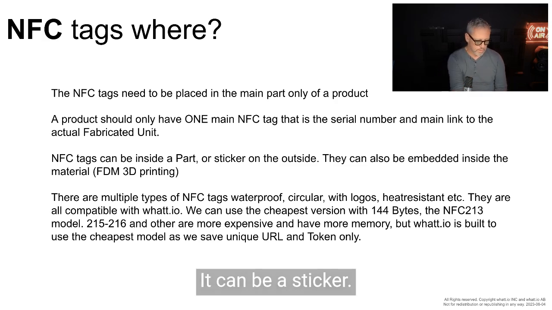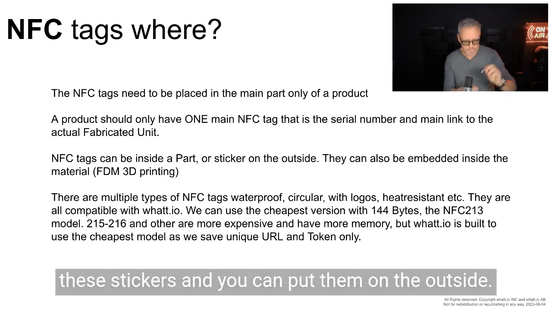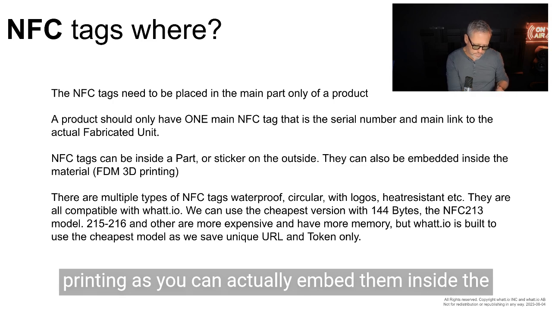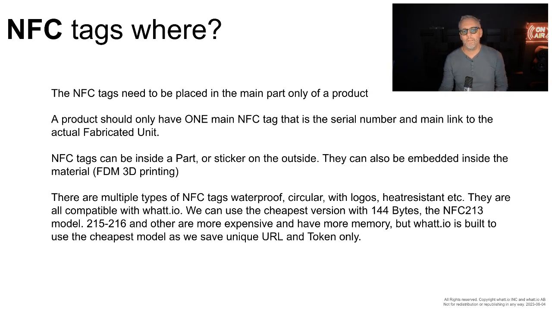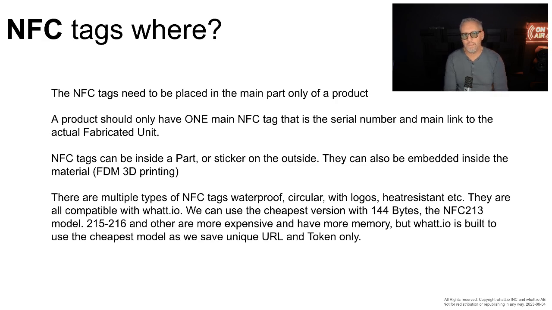It can be a sticker. If you like, you can pre-order these in quantities. We can make these stickers, and you can put them on the outside. And as mentioned, it's very beautiful with 3D printing, as you can embed them inside a material, or put them inside the product itself. They can go through about 15 millimeters of plastic.